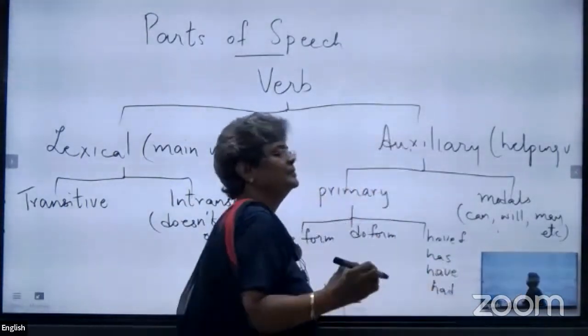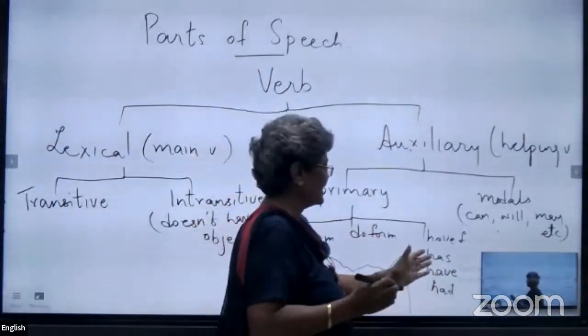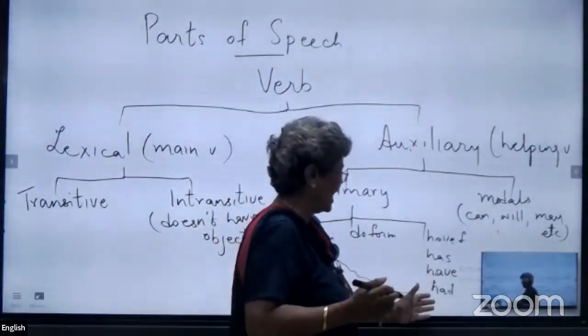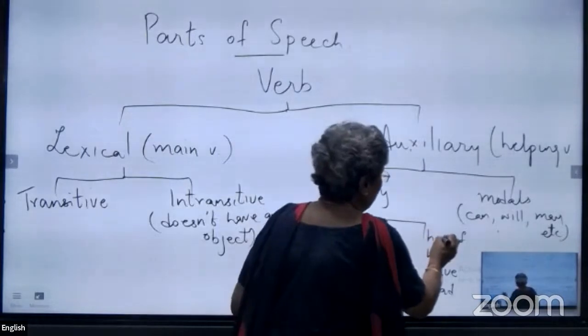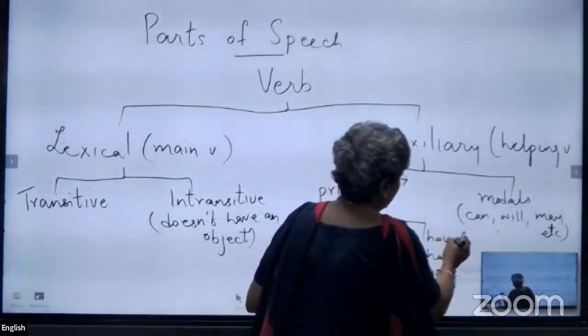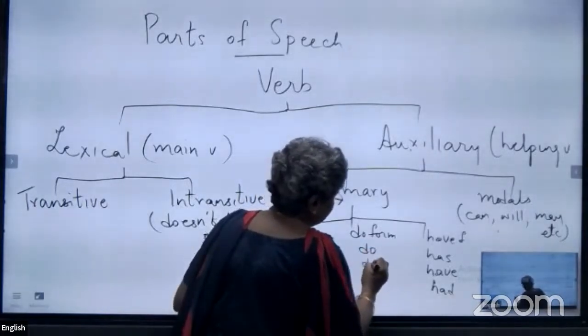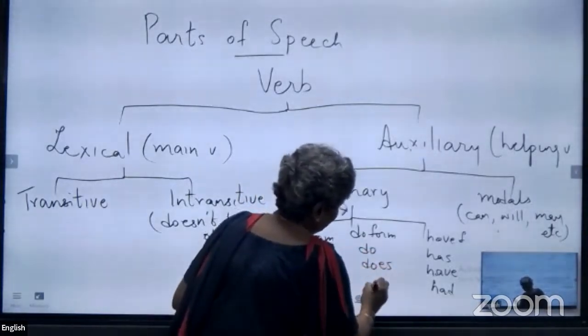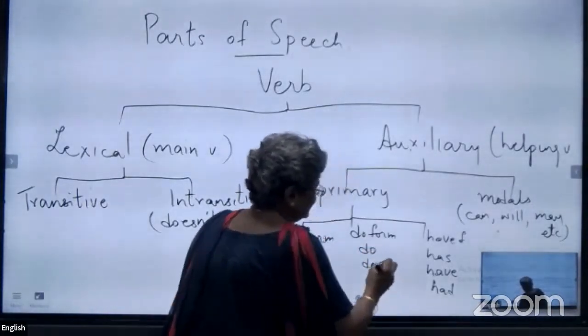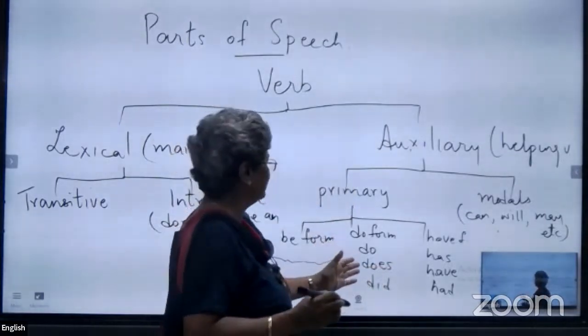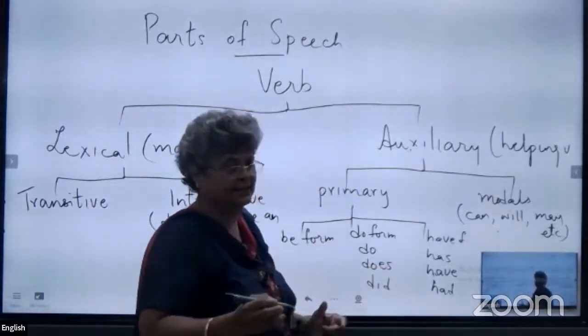And the negative forms, has, hasn't, have, haven't, had, hadn't. All these are have forms. Now do form, again, just like that. Do, does, did. Plus the negative form, don't, doesn't, didn't.